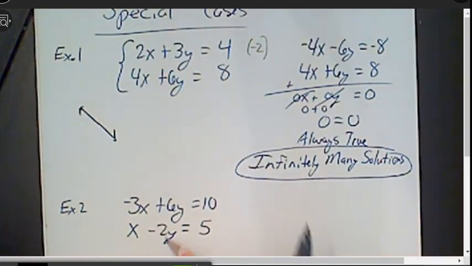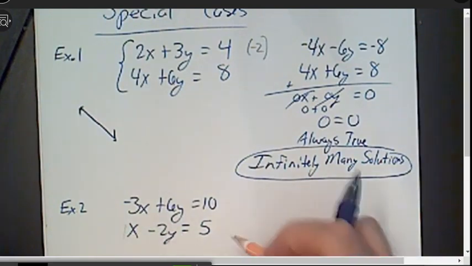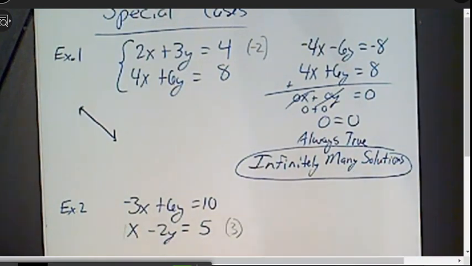Okay, so we've got -2 to get to 6. We're going to multiply by 3. Or again, you've got a 1 here, so we're going to multiply this equation by 3 to get everything lined up to be what we need it to be.